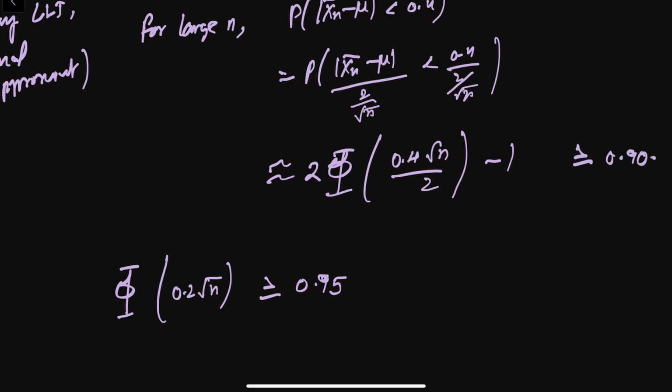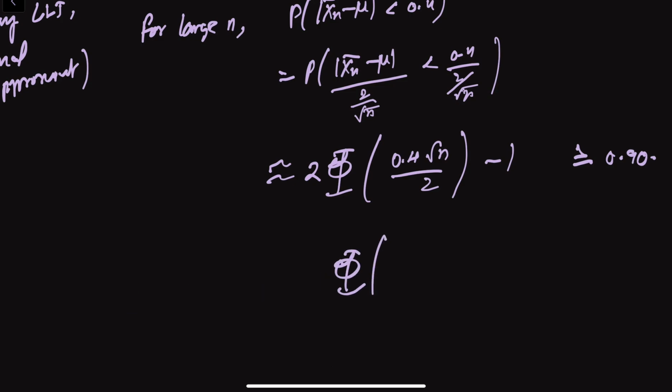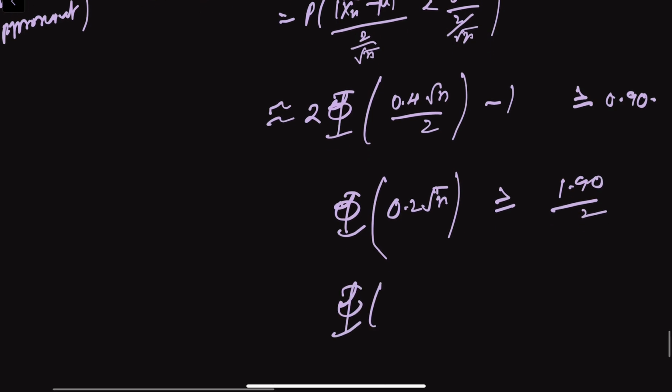So that means phi of 0.2 root n is greater than or equal to 1.90 by 2. So phi of 0.2 root n is greater than or equal to 0.95.